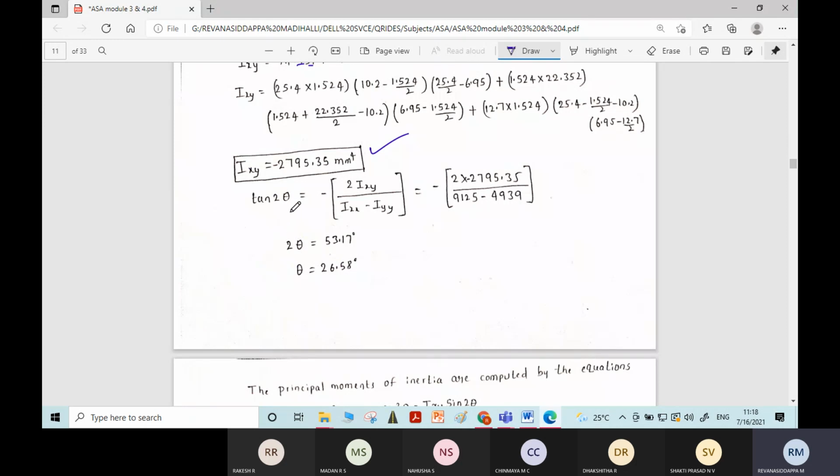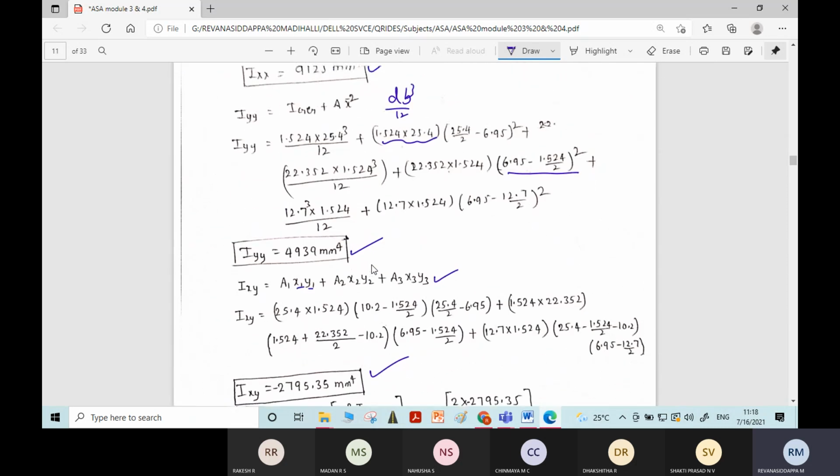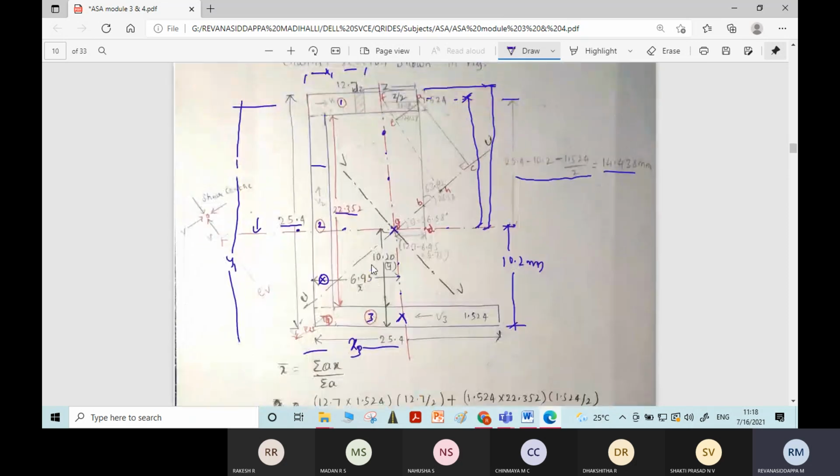Then using the formula tan 2 theta is equal to minus 2 Ixy by Ixx minus Iyy, you will get the theta value, where this theta is the inclination of the principal axis with respect to the x axis, meaning the inclination of the new axes u and v.